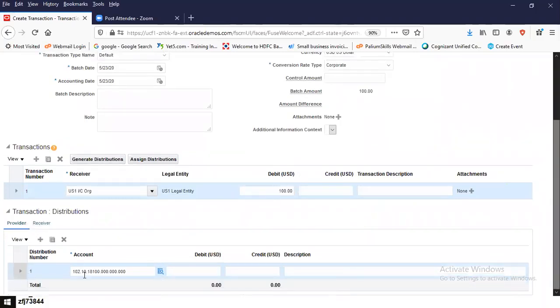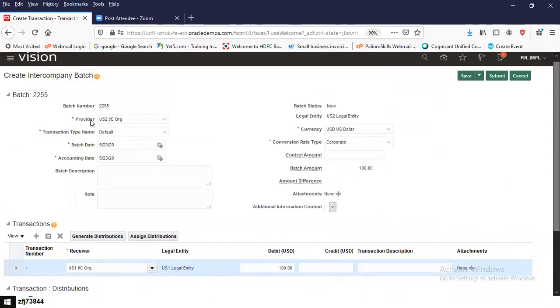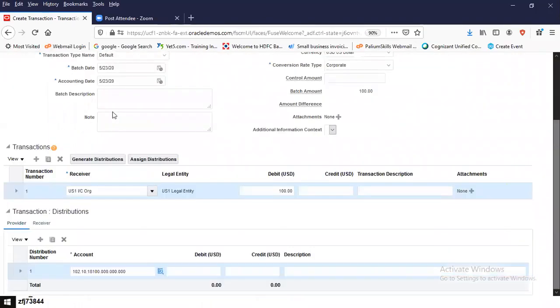So this is the provider. In our case, the provider was US2. Okay, I missed that. I was putting it under US1. So US2 is our provider.